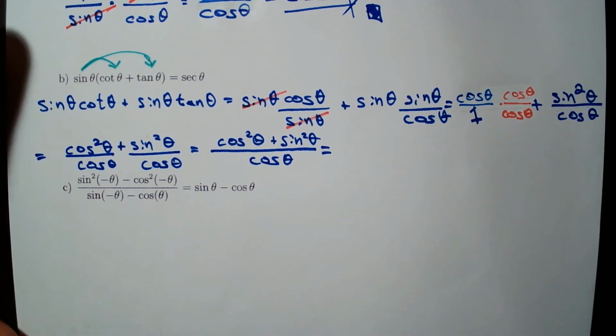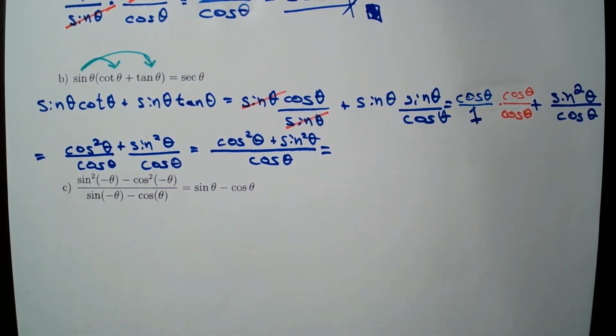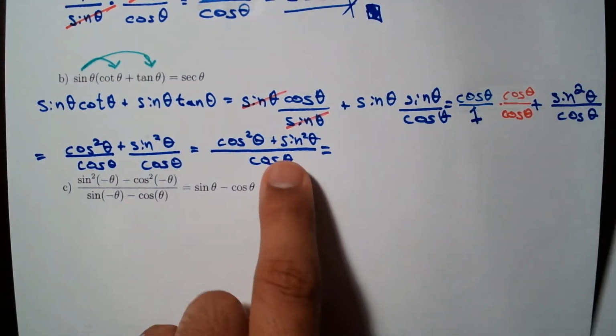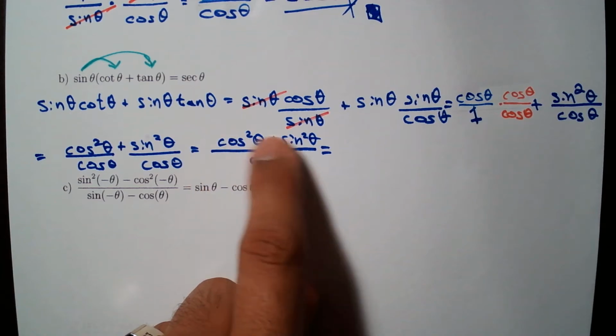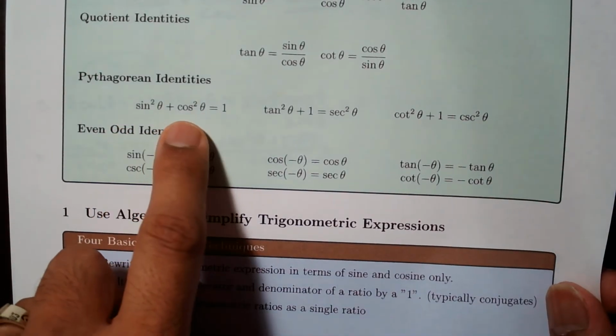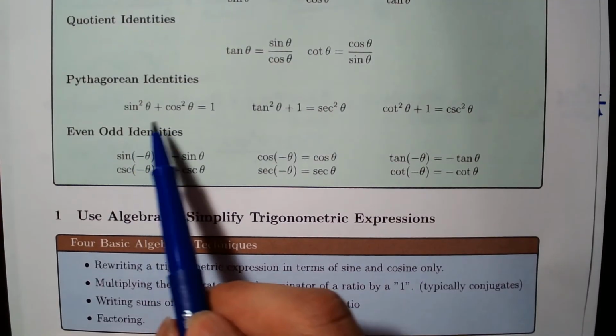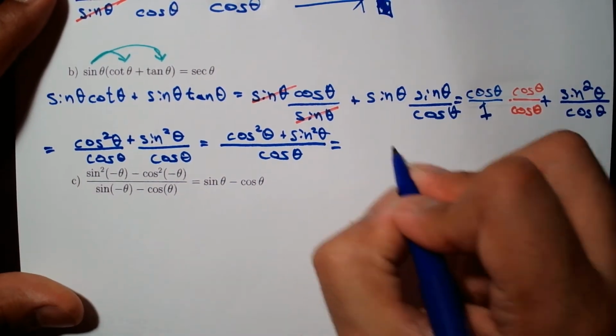Okay, what can we do over here? Well, if you notice, this cosine squared plus sine squared, which incidentally is the same as sine squared plus cosine squared, since in addition the order doesn't matter. Sine squared plus cosine squared equals 1, or cosine squared plus sine squared equals 1, doesn't matter. So we can replace this with 1.